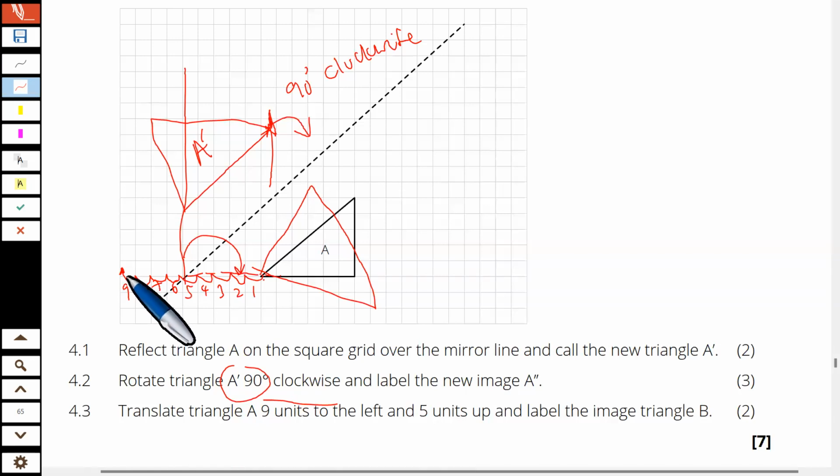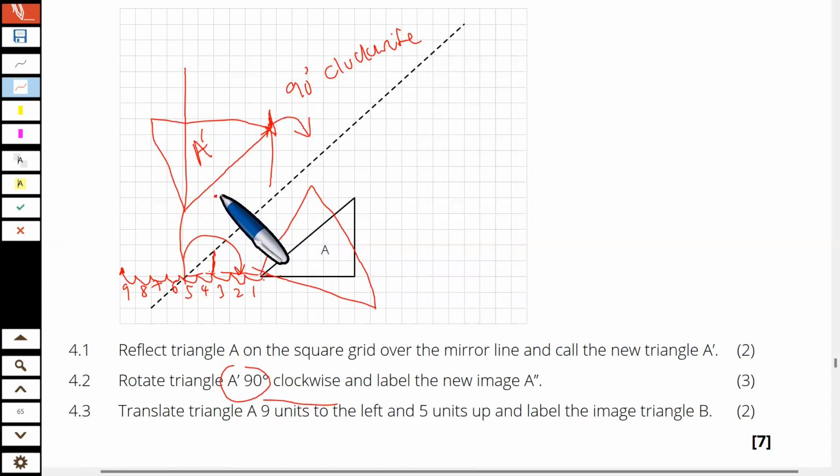Then you have 1, 2, 3, 4, 5, 6. It's like about here. Okay, so you have 1, 2, 3, 4, 5.